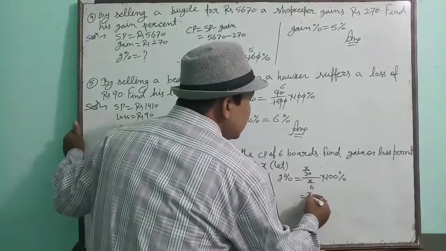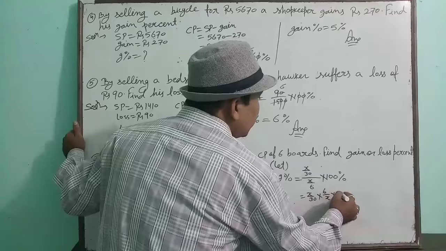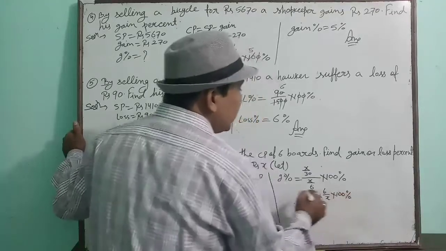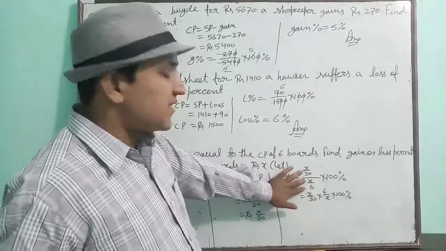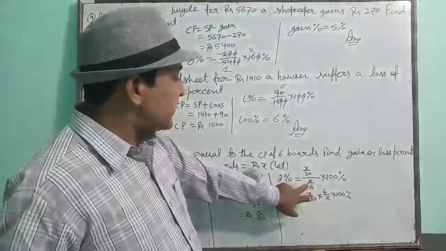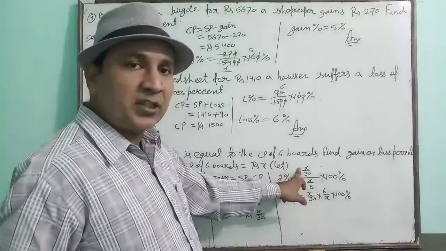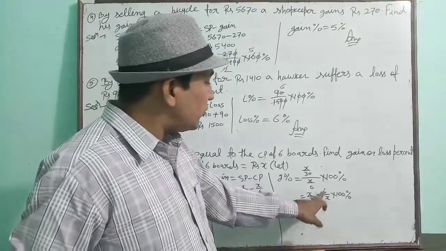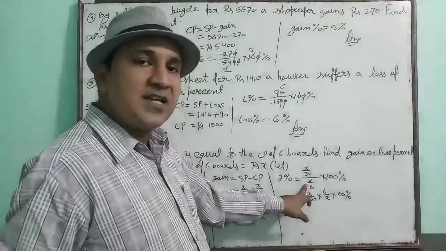To solve this type of fraction, the reciprocal of the denominator is multiplied with numerator. X by 30 is numerator, X by 6 is denominator. So reciprocal of X by 6 will be multiplied with X by 30. So X by 30 into 6 by X. 6 by X is the reciprocal of X by 6.